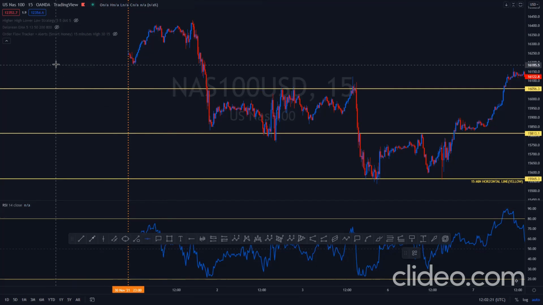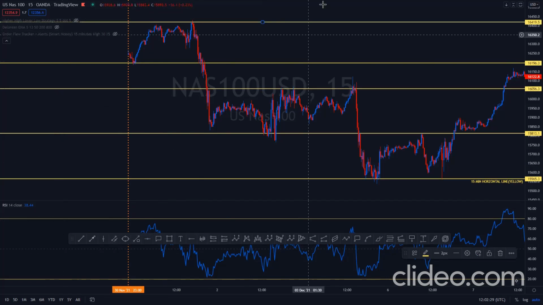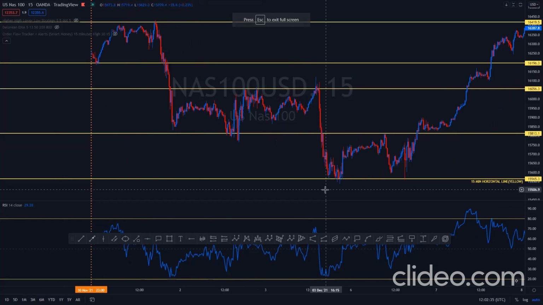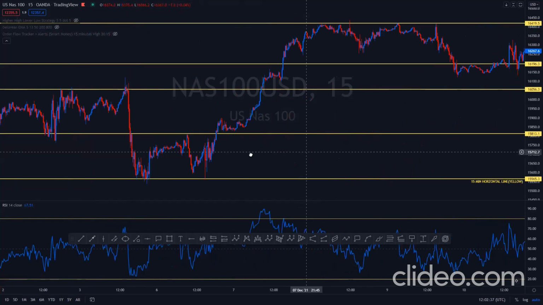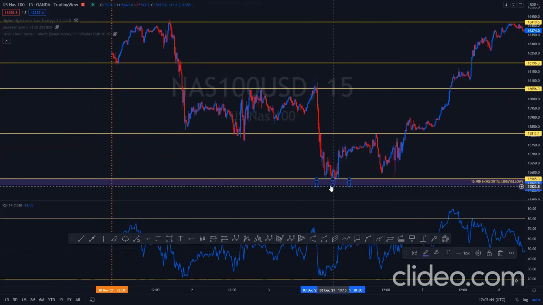So we're going to mark up all this market structure. Then I'm going to start marking up my zones off of these horizontal lines.